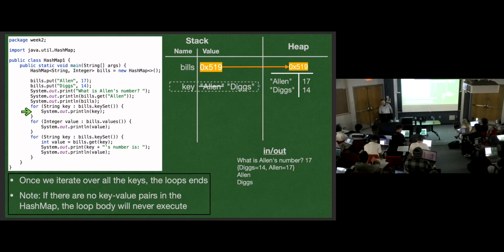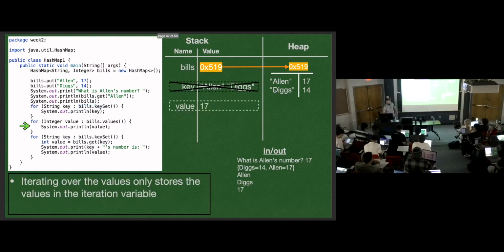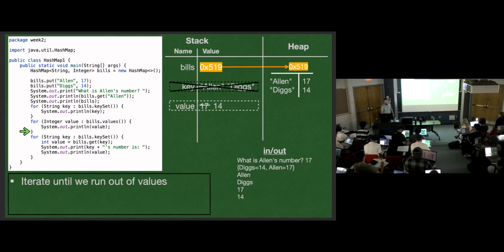We're going to cross it out, write the new value, print out Digs, and then that is the end of the loop. These loops are going to iterate over all of the keys. There's only two keys, so after the second key, that's the end of the loop. So key is no longer on the stack, which means we can reuse that variable. Values, same thing, but we're going to iterate over only the values.